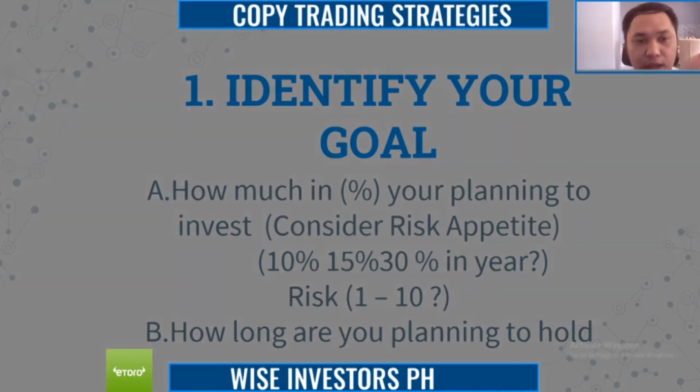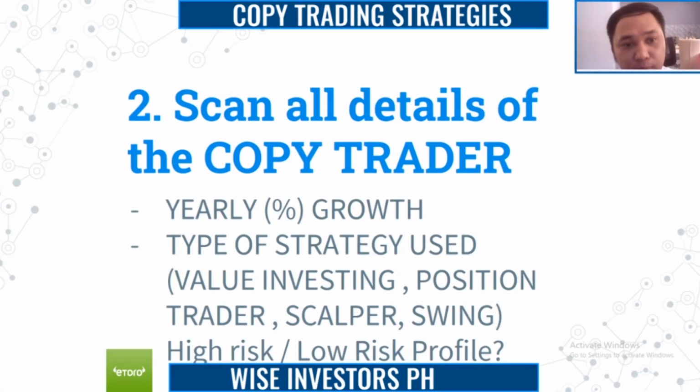Second, it's very important to scan all details of the copy trader. We will check the yearly growth, the type of strategy used. Is he a value investor, a position trader? Is he a scalper, doing scalping trading, or swing? And for risk from 1 to 5, the higher the risk, the higher the gains.